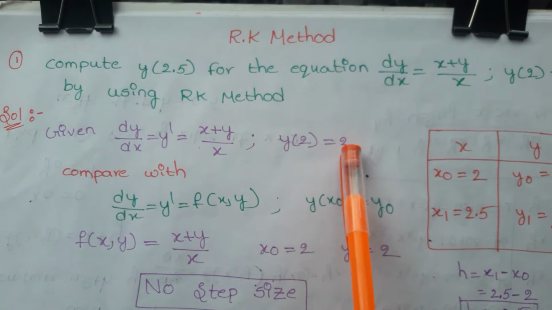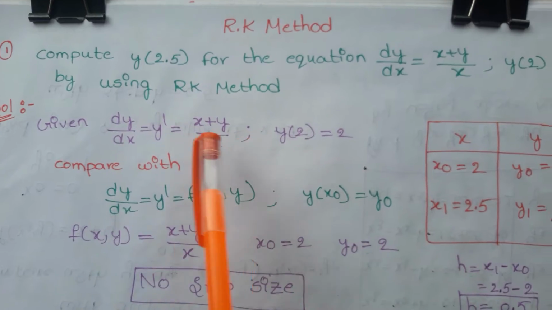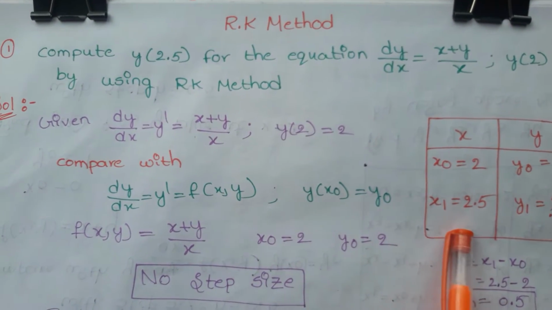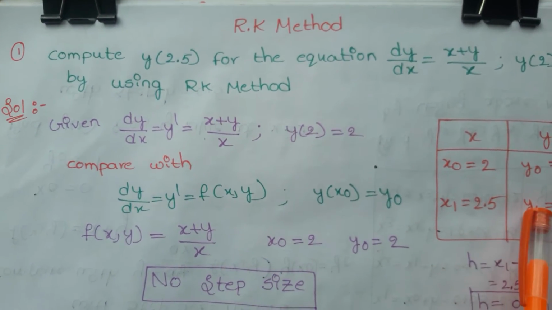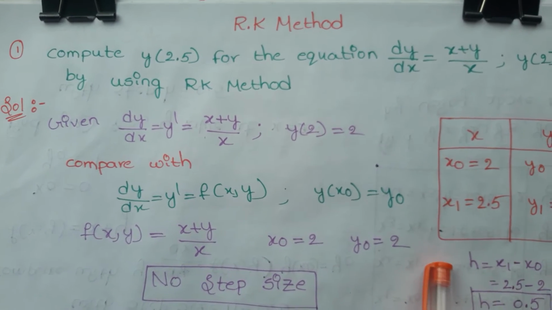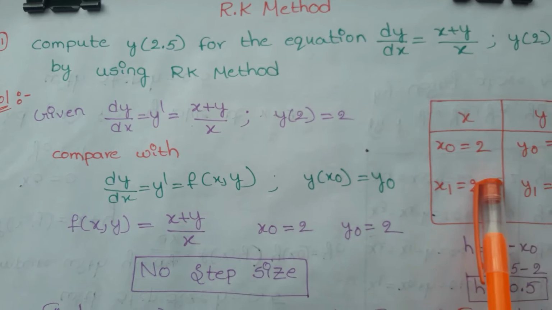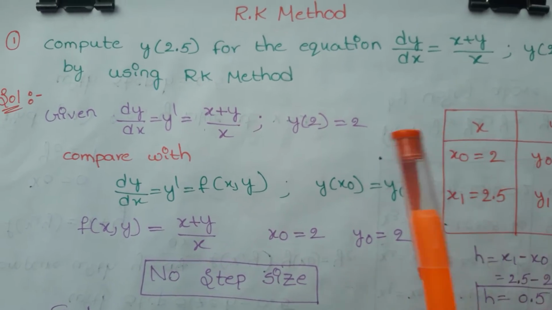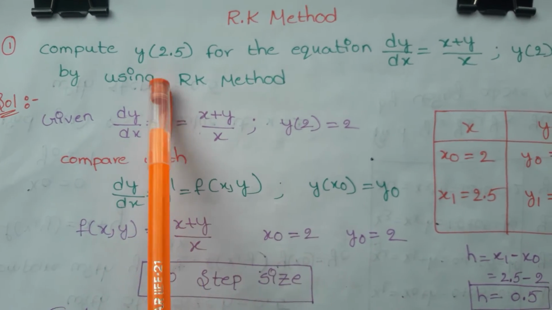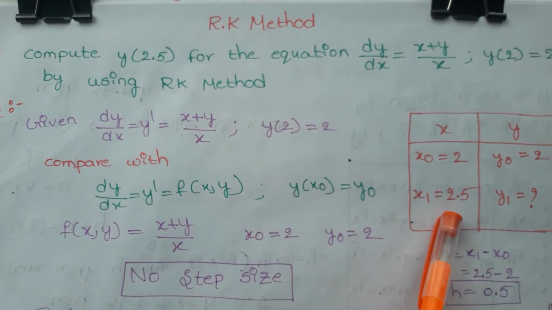If they mention any step size, x1 won't be 2.5. The x1 will become h plus x0, where h is the step size and x0 is the previous value, 2. For no step size, the x1 value is 2.5.